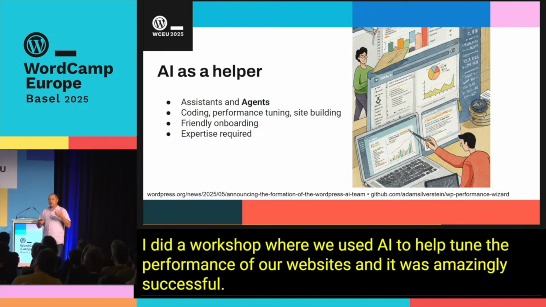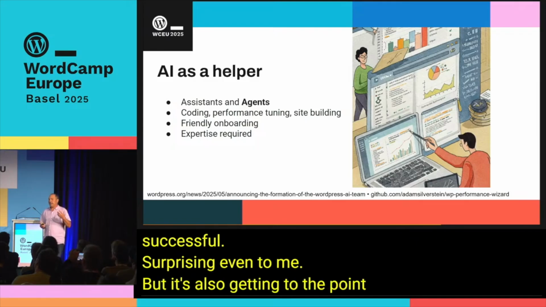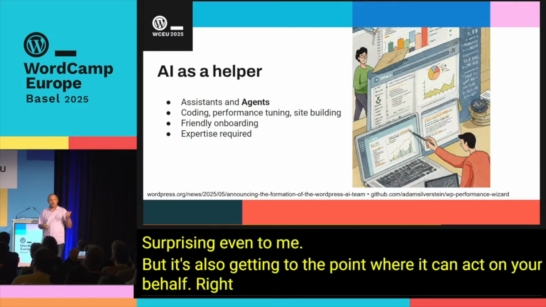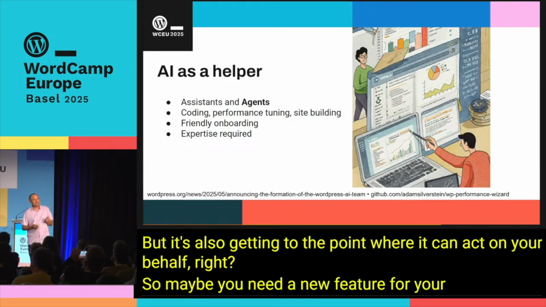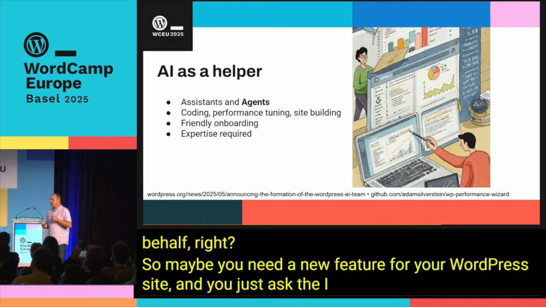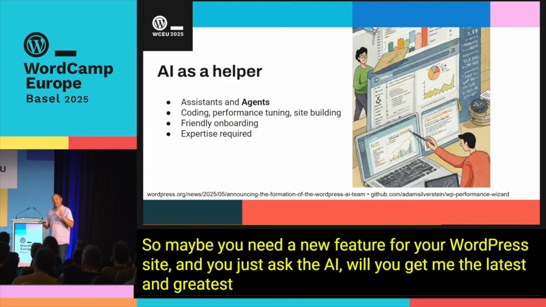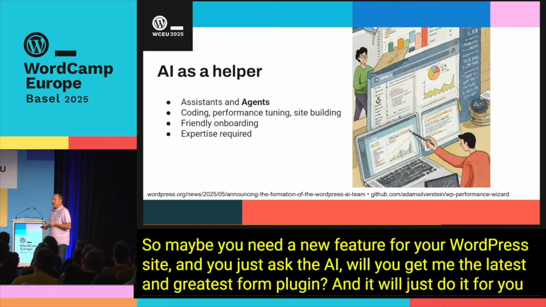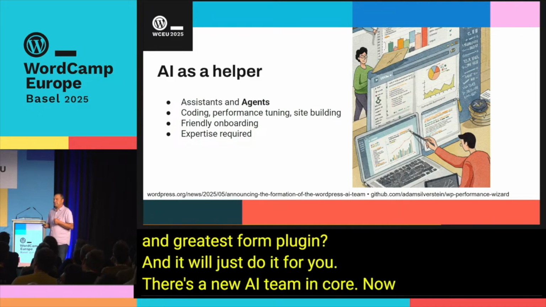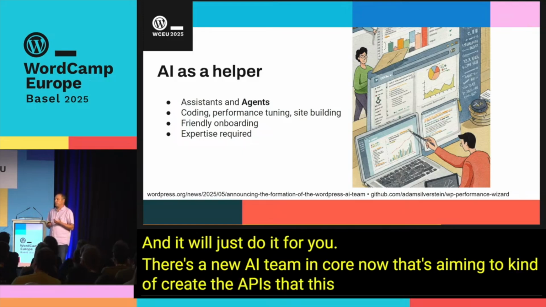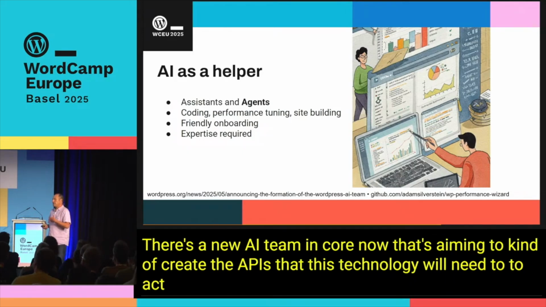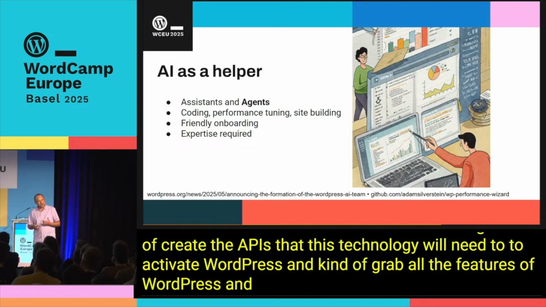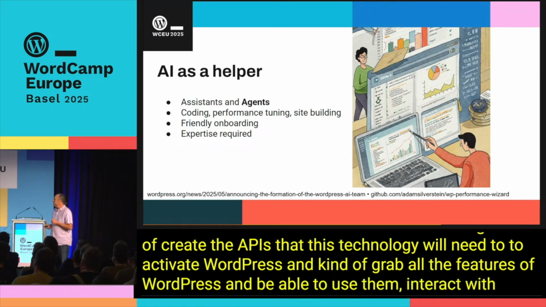But it's also getting to the point where it can act on your behalf, right? So maybe you need a new feature for your WordPress site, and you just ask the AI, will you get me the latest and greatest form plugin? And it will just do it for you. There's a new AI team in Core now that's aiming to create the APIs that this technology will need to activate WordPress, grab all the features of WordPress, and interact with WordPress.